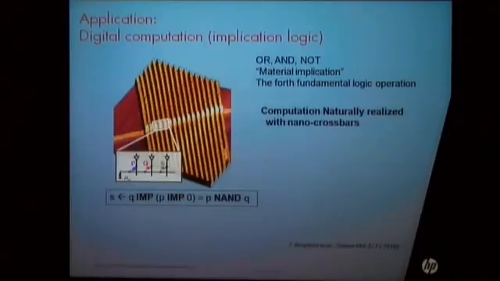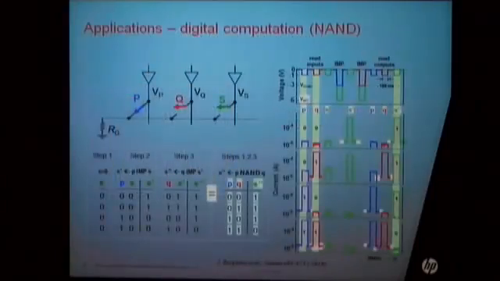We demonstrated that using three memristive devices in a row, we can realize the NAND operation. These are the electrical measurement results showing the truth table of NAND from three memristive devices in a row. And we know NAND is a universal logic based on which we can build any other logical operation. Compared to the traditional logic, this implication logic has a smaller footprint and it is non-volatile.